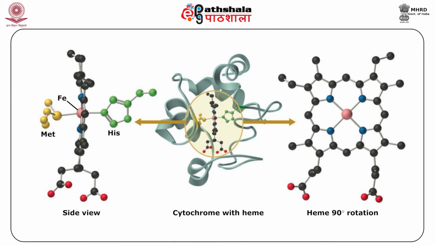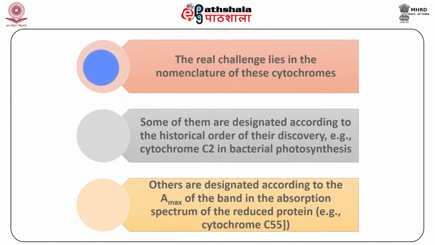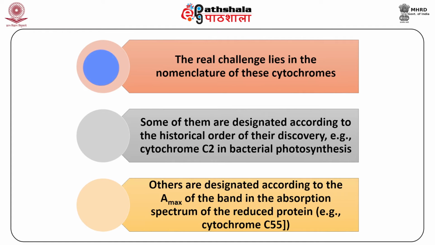Heme A possesses a long phytyl tail and is found in cytochrome C oxidase. Heme B is found in B-type cytochromes and globins. Heme C is covalently bound to C-type cytochromes via two thioether linkages. Figure represents cytochrome C. The real challenge lies in the nomenclature of these cytochromes.